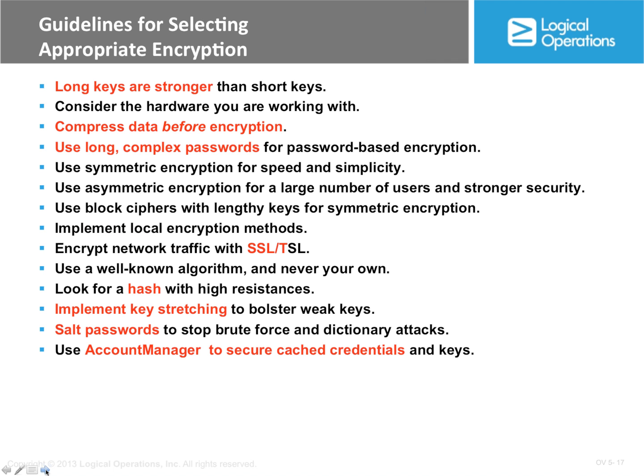Okay, a quick review for us. Where we started versus where we are. How to choose the right encryption. Long keys, good. Short keys, bad. That's pretty easy to remember. Always compress the data prior to encryption.